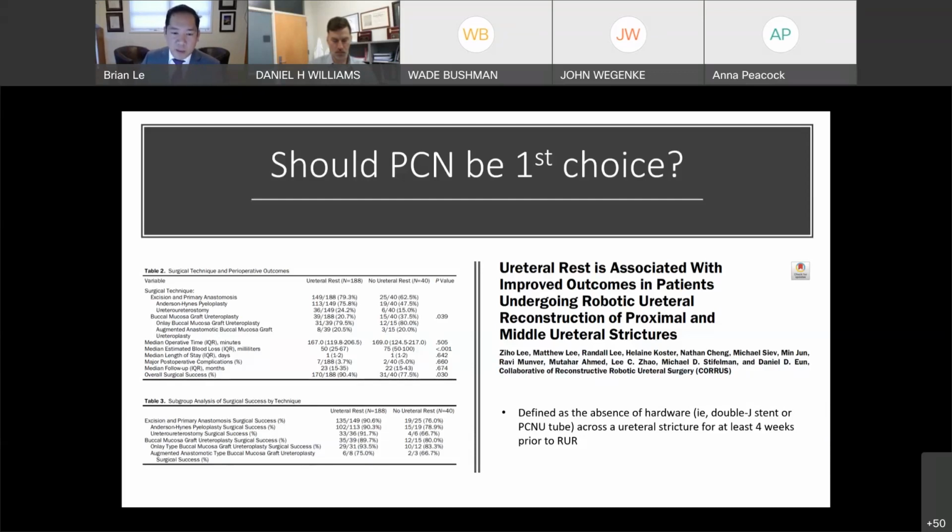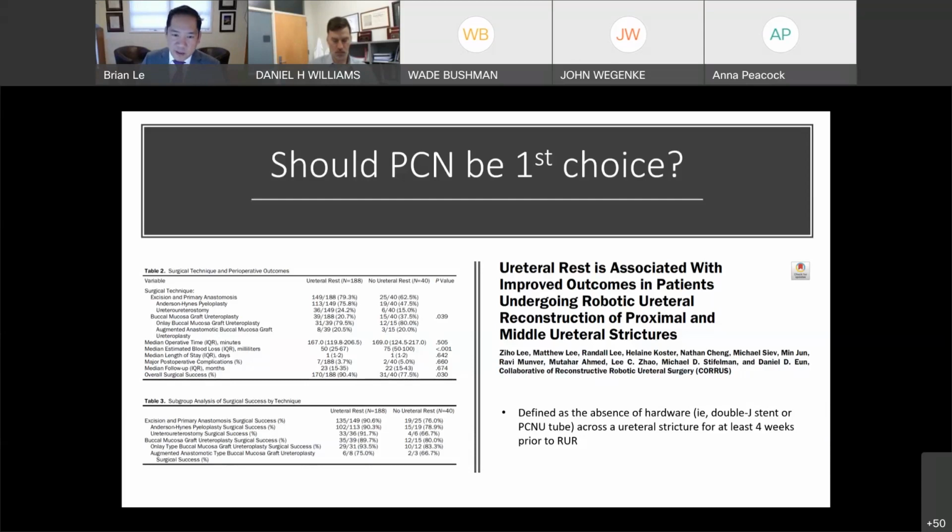So here, some of the people that I trained with are authors on this article, but what they talked about is one of the advantages of placing a nephrostomy tube and diverting the urine is that it provides ureteral rest.